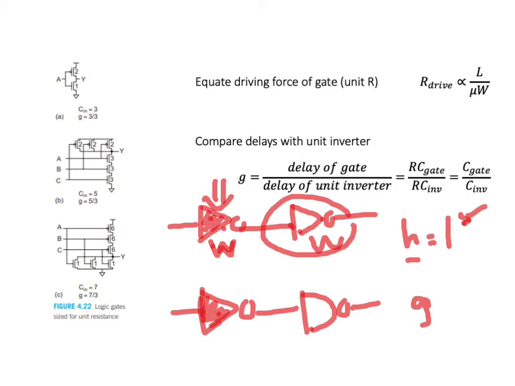In order to enable a fair comparison, we have to size the transistors in the logic gates so that the equivalent effective resistance of the PMOS that controls the rising transition and the NMOS that controls the falling transition must be the same as the effective resistance of the PMOS and NMOS in a unit size inverter.